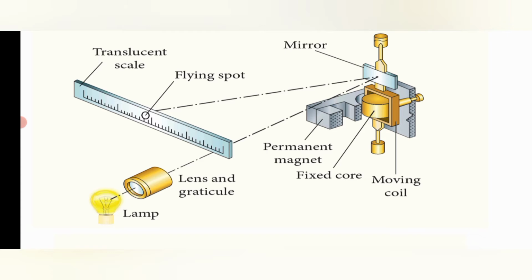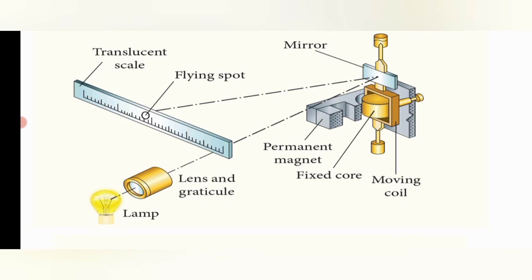Here we use phosphor bronze, a fine strip, which is responsible for giving the reading. It is reflected through the mirror and shows the reading value on the scale.